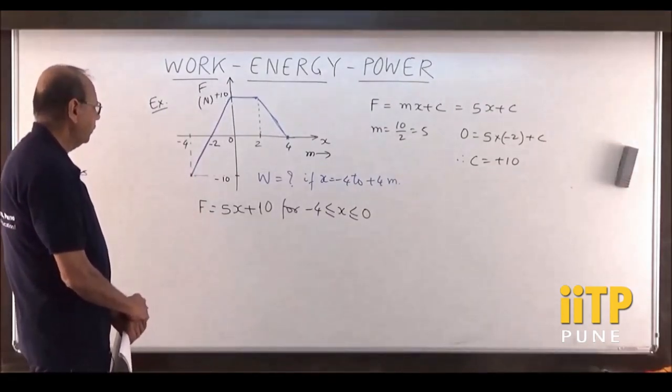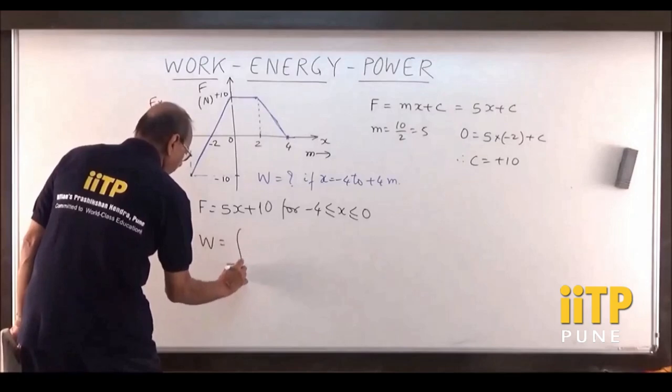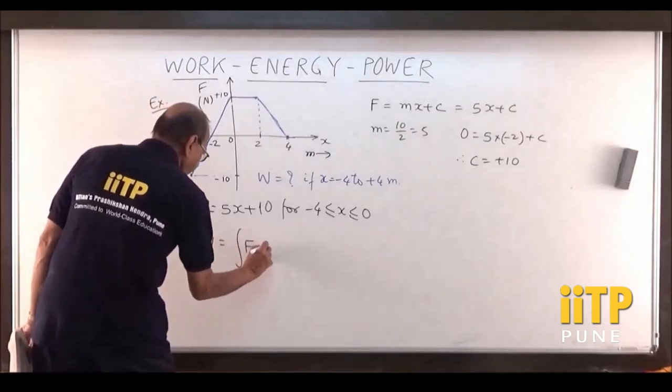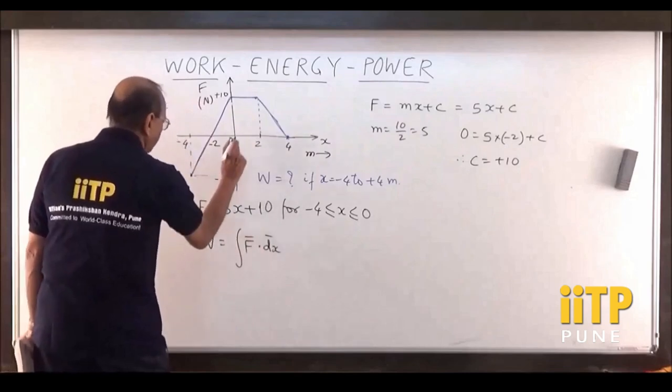So I can find the total work done in this part by our formula. Work done is equal to the integral of f dot dx, and my limits are minus 4 to 0.